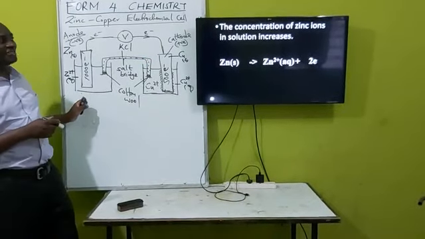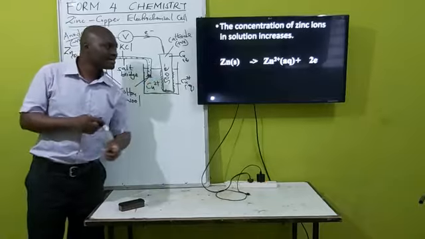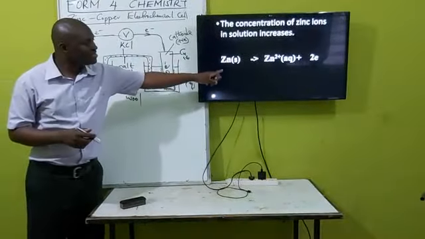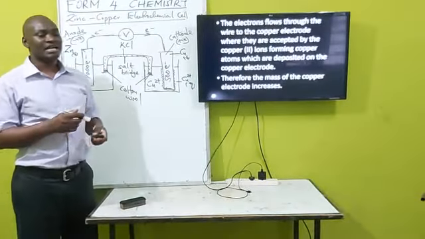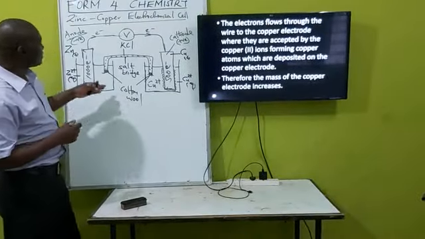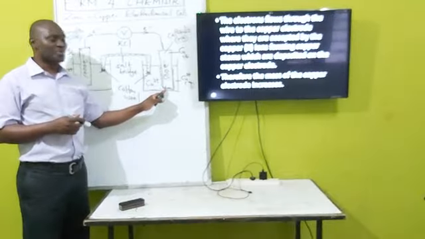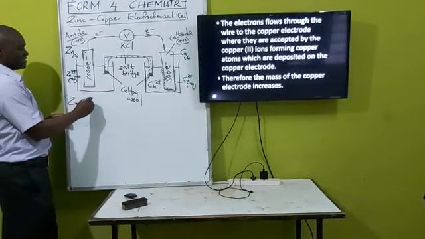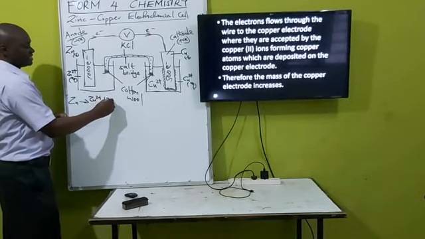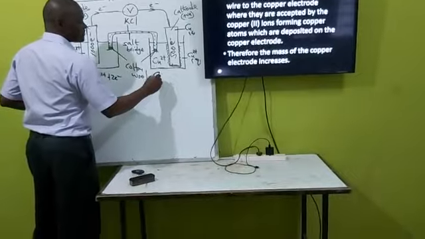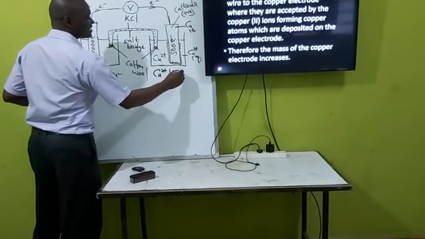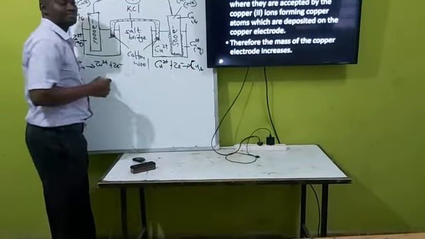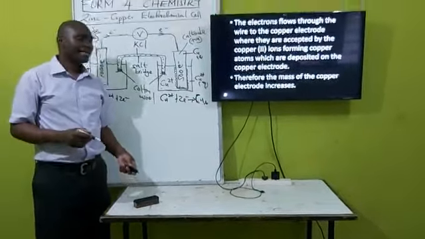The zinc half cell electrode equation: zinc losing electrons to form zinc 2+, and then on this side, the copper 2+ will gain electrons. So here we say zinc forming zinc 2+ by losing electrons. Here we have copper 2+ gaining electrons to form copper solid.